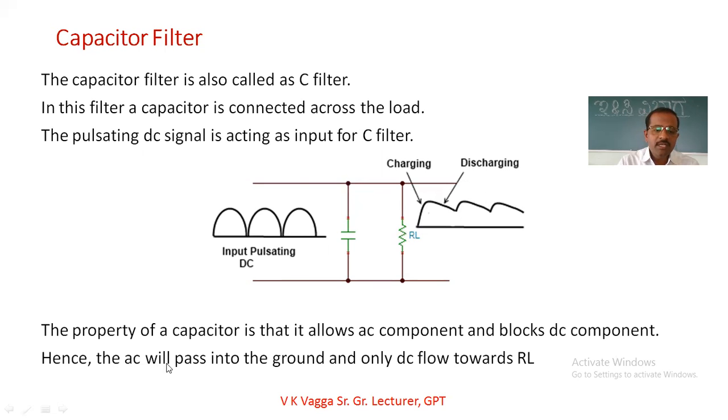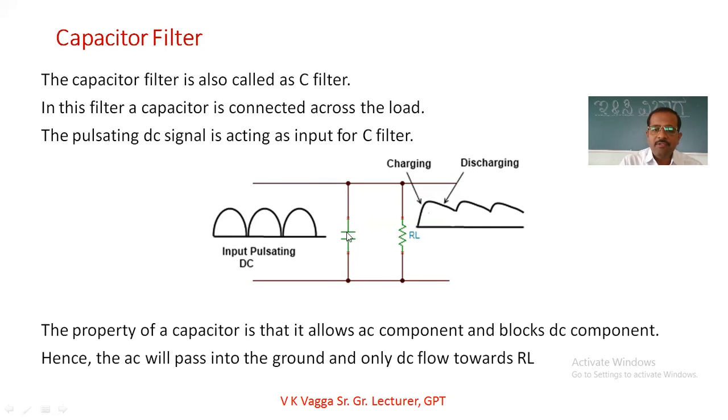So the AC will pass into the ground, and only the DC will flow towards the load resistance RL. If you apply the pulsating DC signal, it is going to flow into the upper line here, and the capacitor will allow AC to pass through it, so it blocks the DC and allows the AC to pass into the ground.